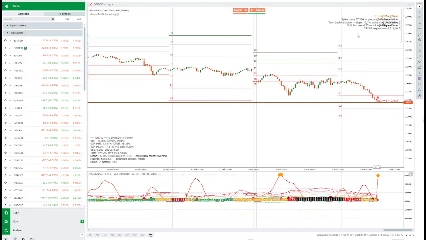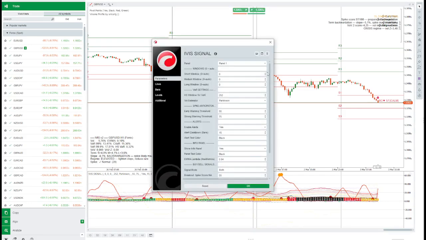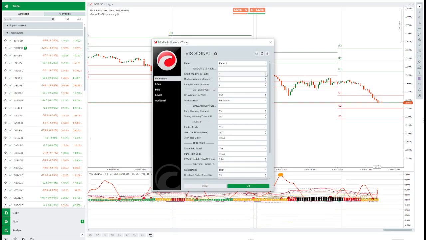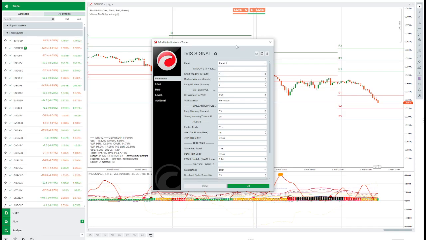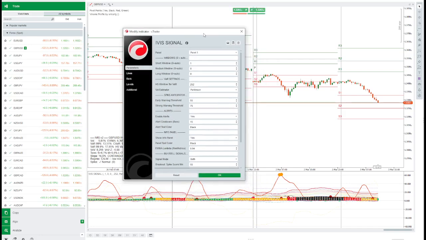So here on the top right corner we have the alert message. You can select one here and you will have the short window alert message, if it comes up.